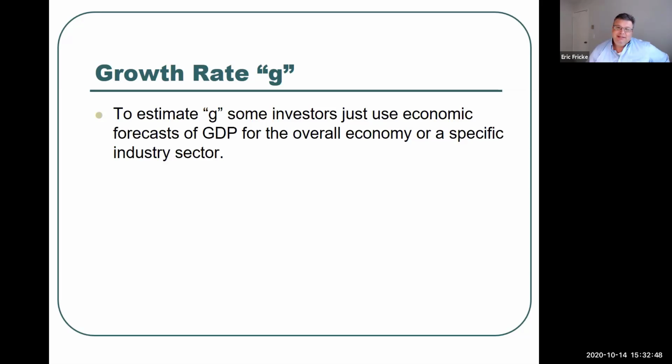When estimating this G, a lot of times investors might use forecasts for the overall economy, and in that case, they often use GDP forecasts. GDP forecasts are pretty easy to get. You can look them up from different governmental organizations, countries all around the world. But sometimes a company might need something more specific than the overall economy.